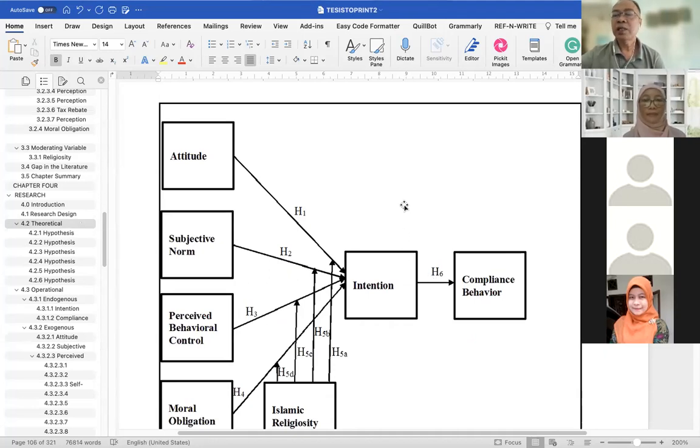We have 6 research questions and 6 research objectives. So this is very important in writing the PhD thesis. All the chapters must align with each other. Chapter 1 aligns with chapter 2, and chapter 2 aligns with chapter 3.